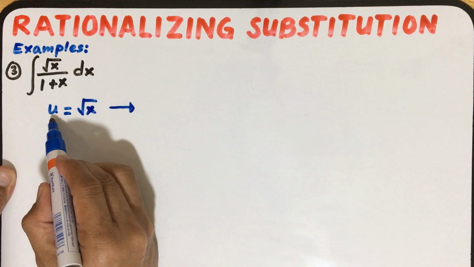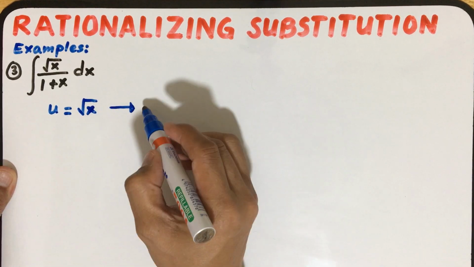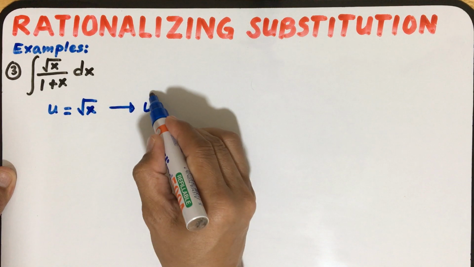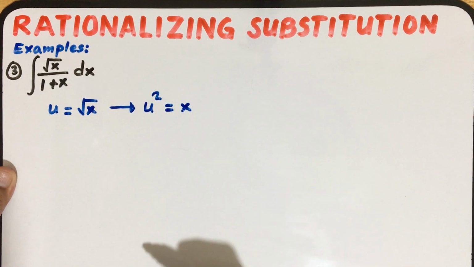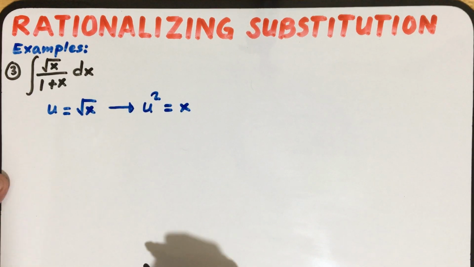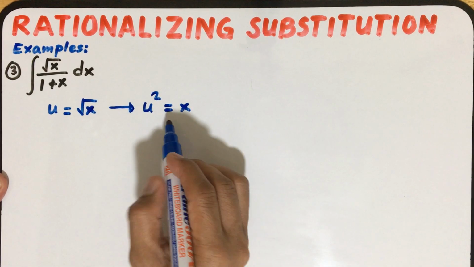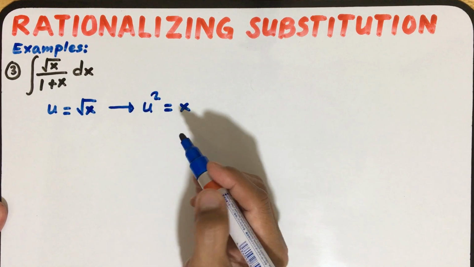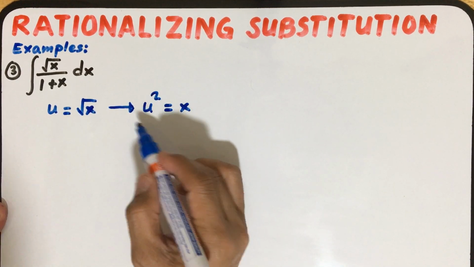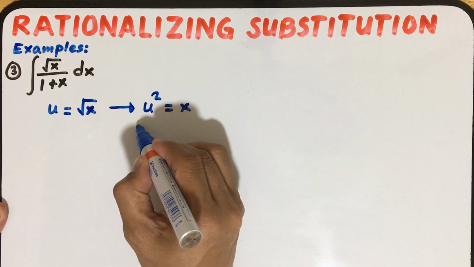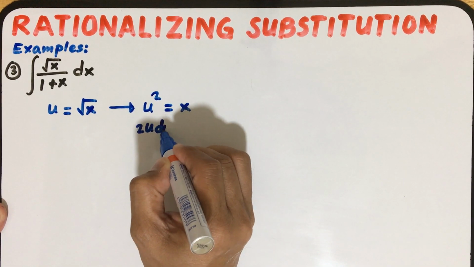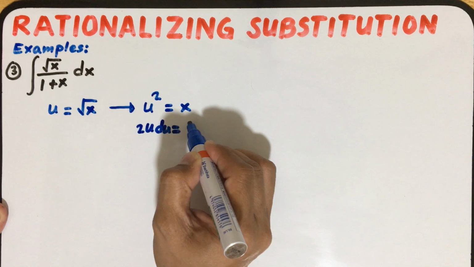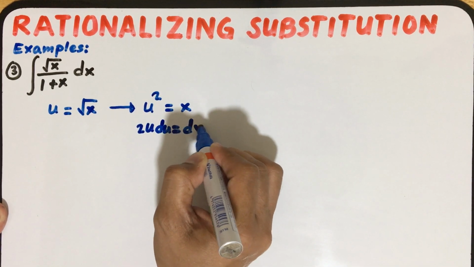So if we square both sides here, we have u squared equal to x. Alright, so from here, if we take the derivative on both sides, the left side using the power rule, we have 2 times u times du, and on the right side we have the dx.